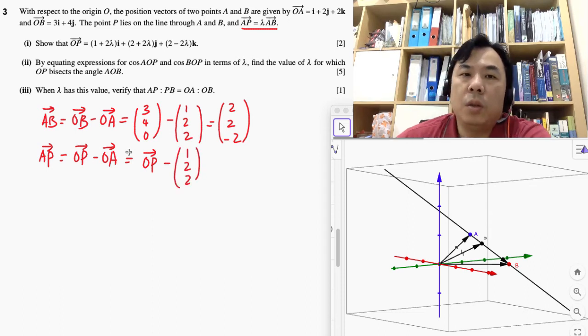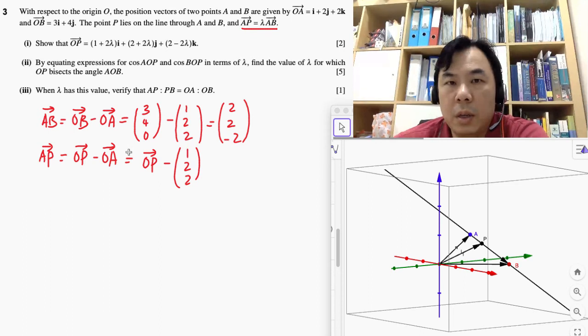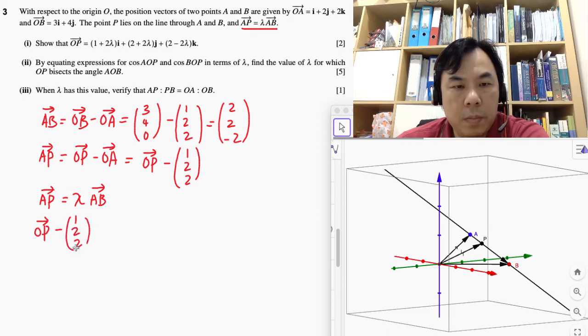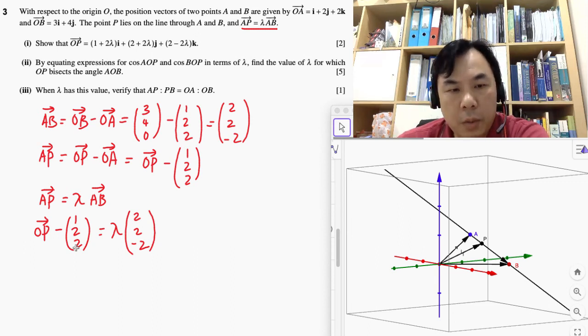All right, so now we are ready. We're going to use this equation here. It's given that AP is a multiple of this. Now, therefore, this is the same as lambda AB. Okay, and then finally we can rearrange this algebraically.